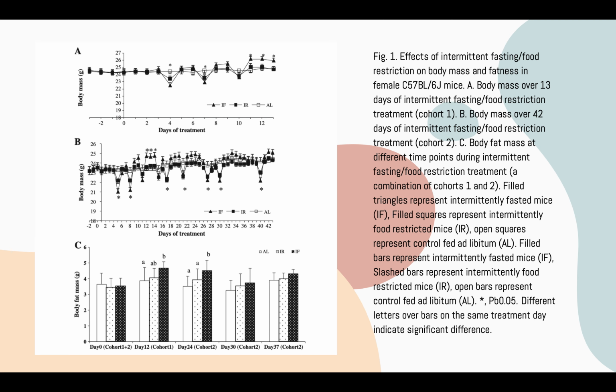As we look at this graph, I think the important days to notice are 4, 7, 11, 12, and 13, because there is the most significant difference on those days. And I think it's important to notice that the mice that were intermittent fasted on, for example, day 4, had the lowest body mass compared to the mice that were control fed.